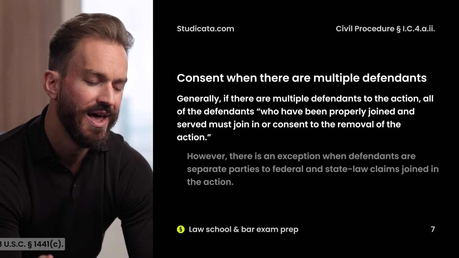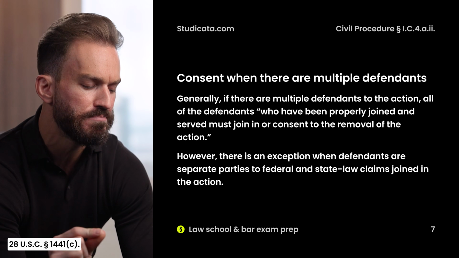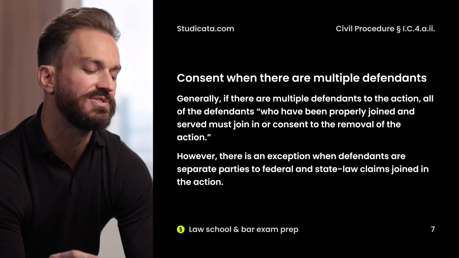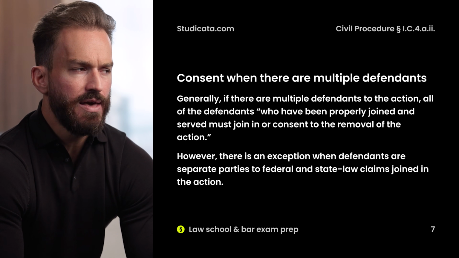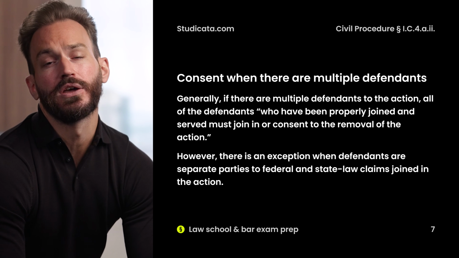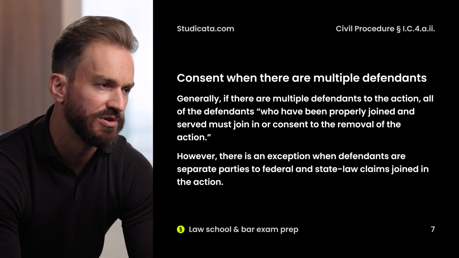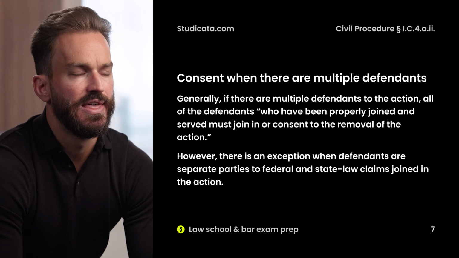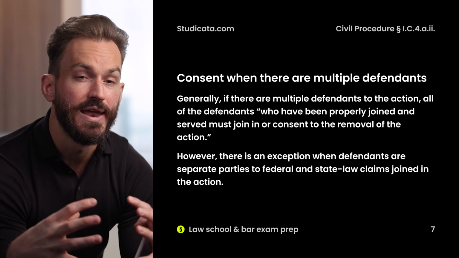Really straightforward. There is an exception to keep in mind here when defendants are separate parties to federal and state law claims joined in the action. Again, we haven't gone into a lot of detail on joinder rules, and I'm not going to get into that here, but we do understand in civil procedure, at least we can accept that claims can be joined in one action.